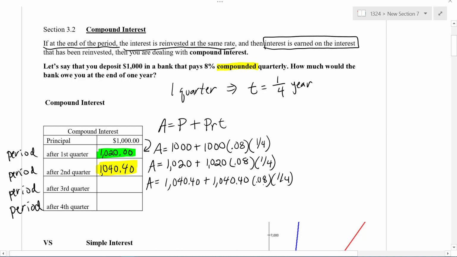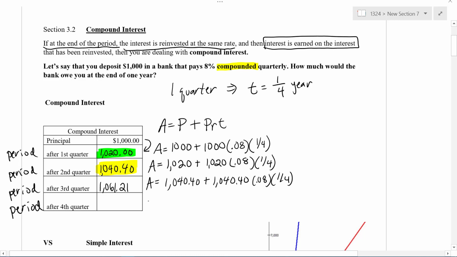Our R value is still the same, and our T value is 1/4. Put all of that into our calculator and round to the nearest cent, and I have approximately $1,061.21.